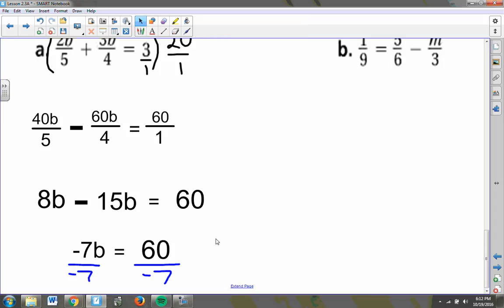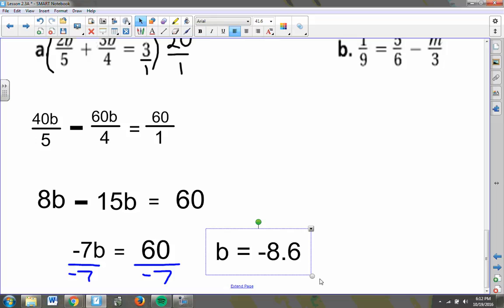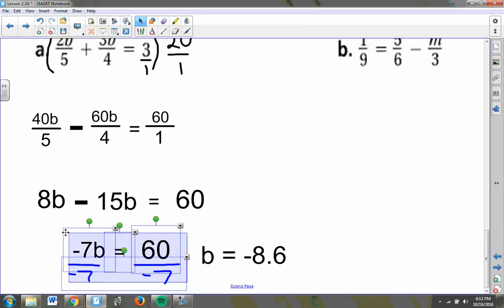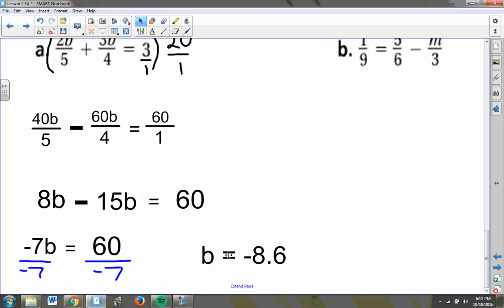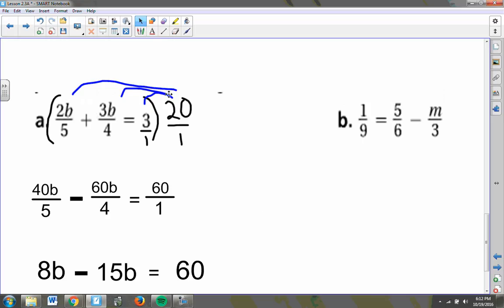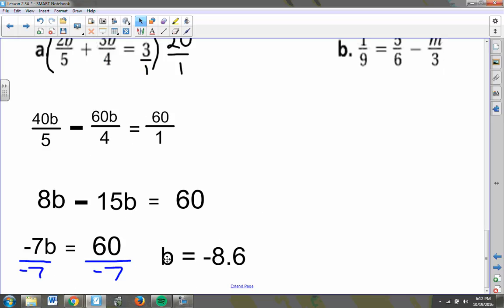And I get that b is equal to negative 8.6. I'm okay with you rounding off to 1 decimal here in this case. B equals negative 8.6. Okay? So again, I'm just multiplying everything in my equation by the common denominator, and then solving for the variable once I get it to something without fractions. Our goal here is to get it to be an equation without any fractions.